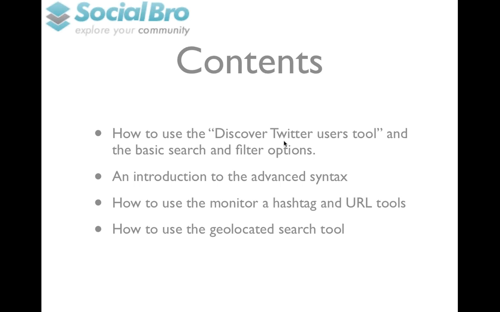I'm then going to go over how to monitor a hashtag and URL, both of these tools, and then the actions you can perform with the results. And then we'll finish with how to use the Geolocated search tool, which shows you which Twitter users nearby have been tweeting about a specific subject.